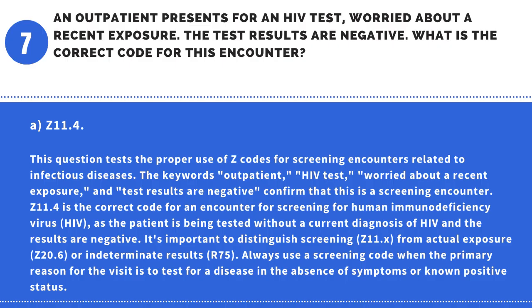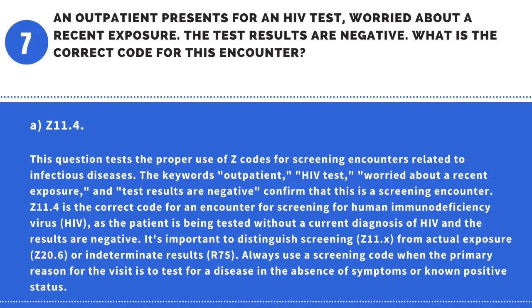Z11.4. This question tests the proper use of Z codes for screening encounters related to infectious diseases. The keywords outpatient, HIV test, worried about a recent exposure, and test results are negative confirm that this is a screening encounter. Z11.4 is the correct code for an encounter for screening for human immunodeficiency virus, HIV, as the patient is being tested without a current diagnosis of HIV, and the results are negative.